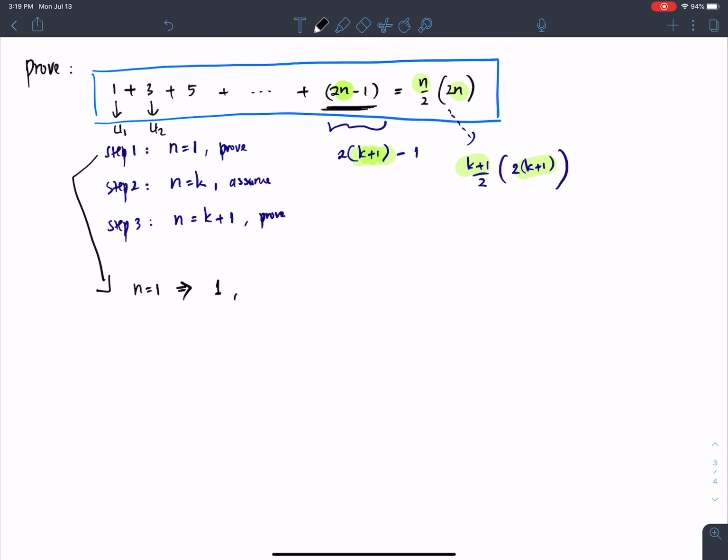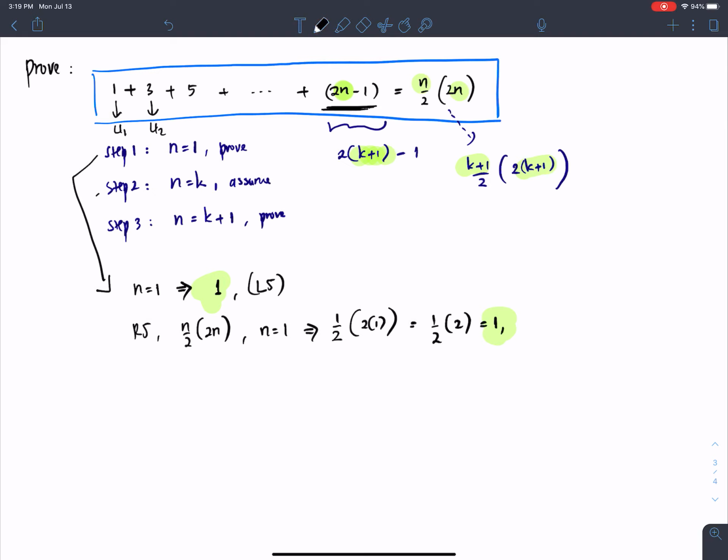So we get left side equal to 1. Then on the right side, we have the formula n over 2 times 2n. For n equal to 1, we got 1 over 2 times 2 times 1, which is 1 over 2 times 2, and it is 1 again. So now we can see that the left side is 1 and the right side is also 1, the same value, so it is true.